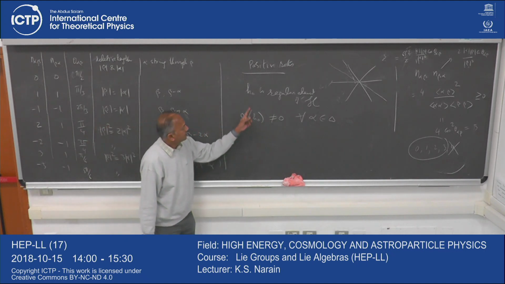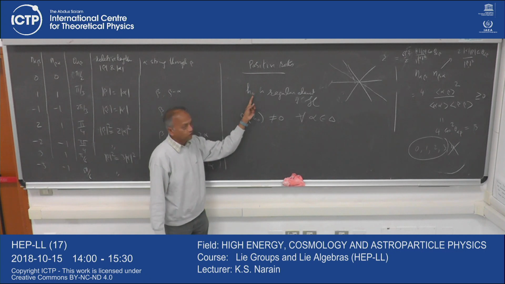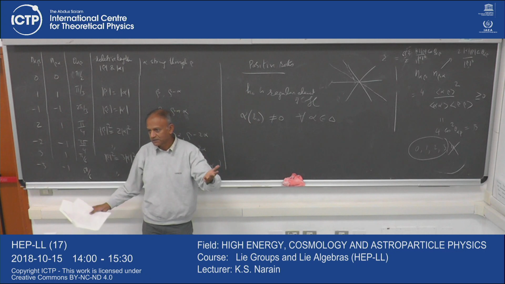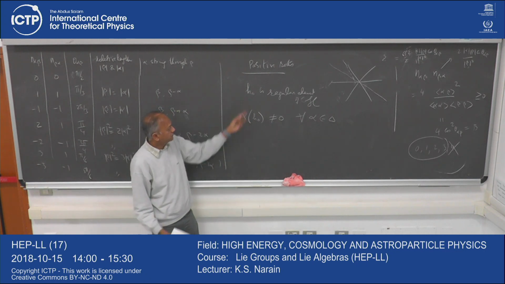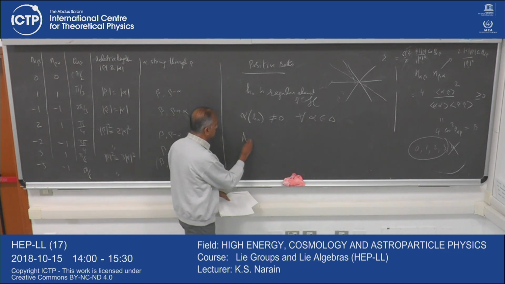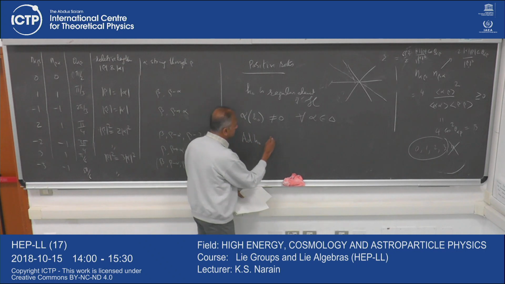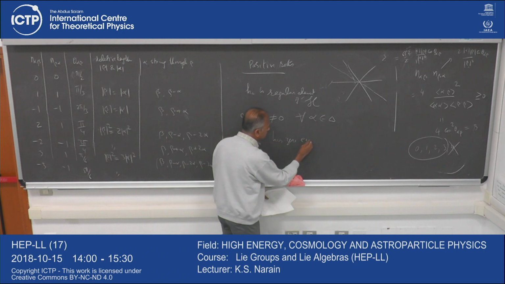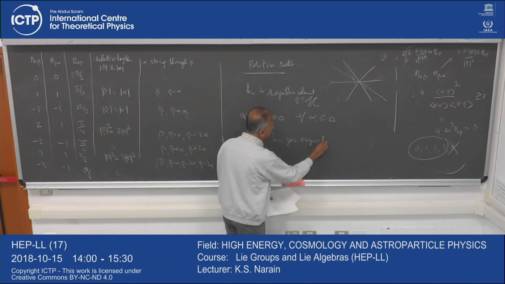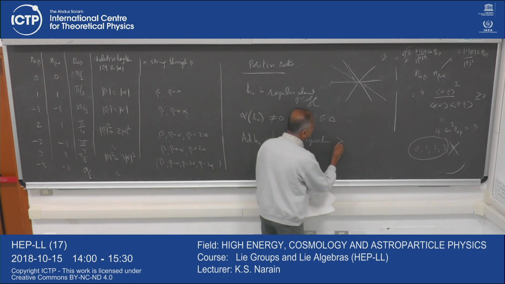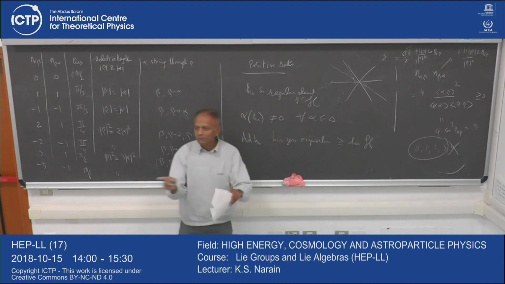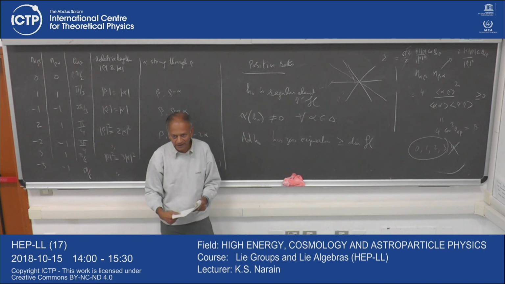Because this guy anyway has 0 eigenvalues, since elements of the Cartan subalgebra commute with each other. So if you look at the adjoint of H0, ad H0 certainly has 0 eigenvalues, and the number of these eigenvalues certainly is greater than or equal to the dimension of H, the Cartan subalgebra, because they all commute with each other. So that is for sure there, right?